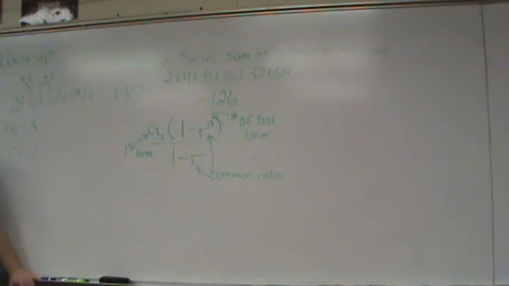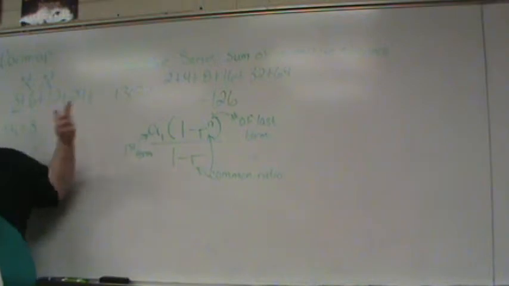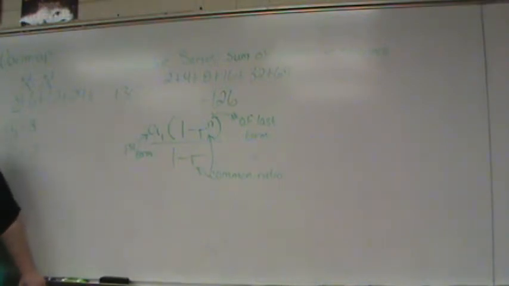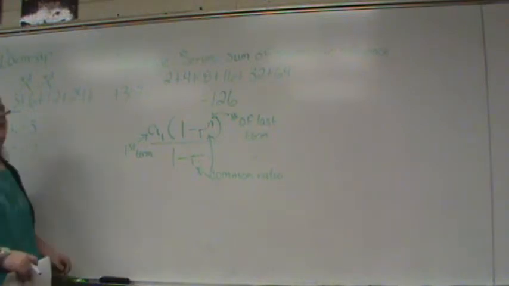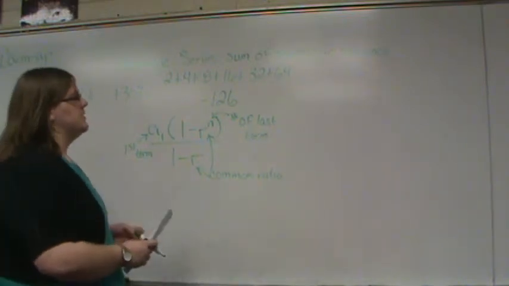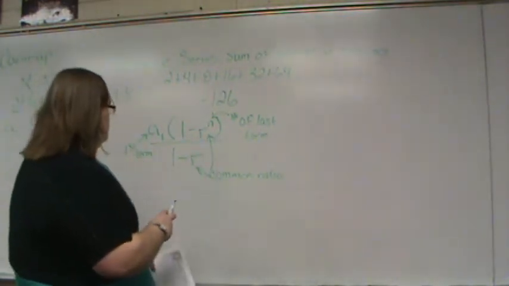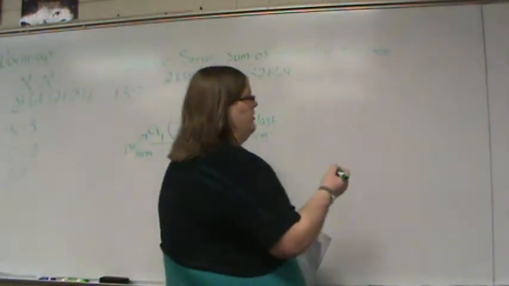So we did it with our arithmetic ones. How did we find which term, or how did we find our N value with our arithmetic? We solved for N using the explicit formula for arithmetic sequences. So how are we going to find the N value for a geometric? We're going to use the explicit formula for geometric sequences this time. So I'll write over here.